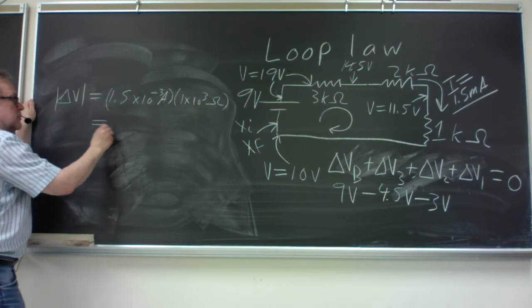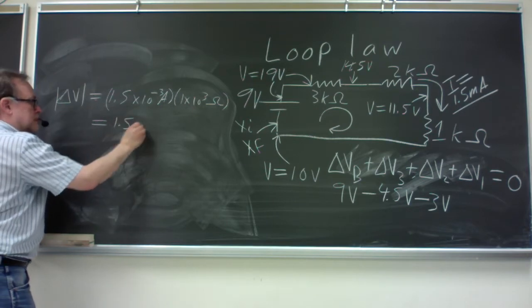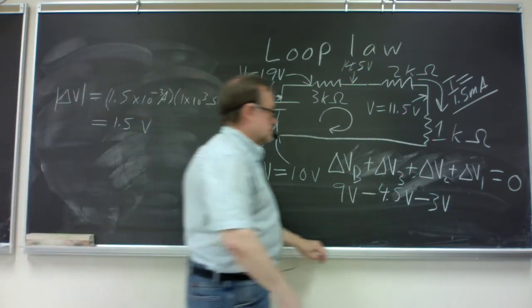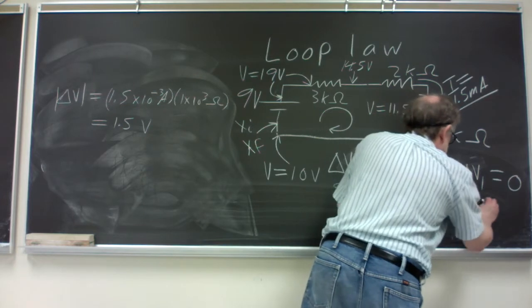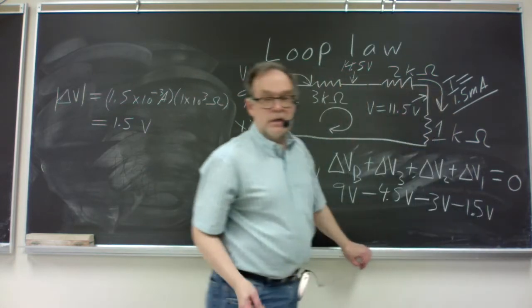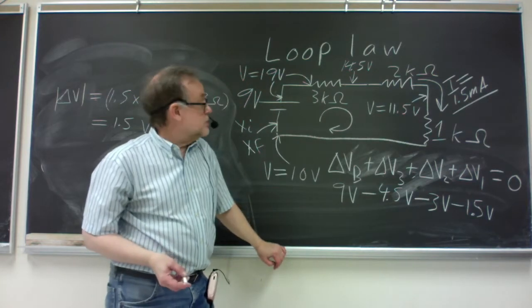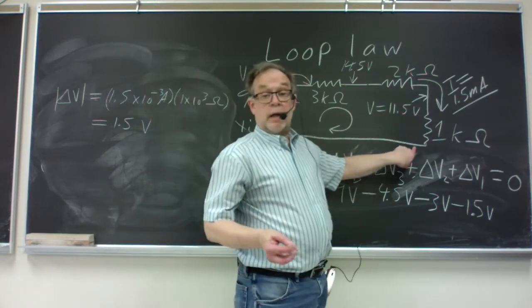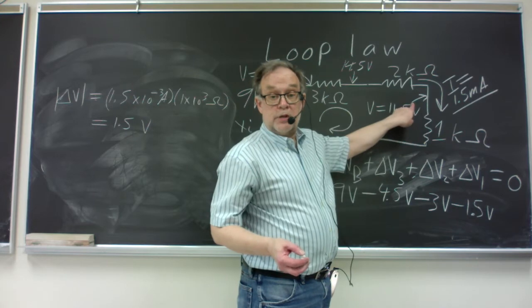So that's obviously 1.5 volts. So a decrease of 1.5 volts. So this point is 1.5 volts lower than this point.